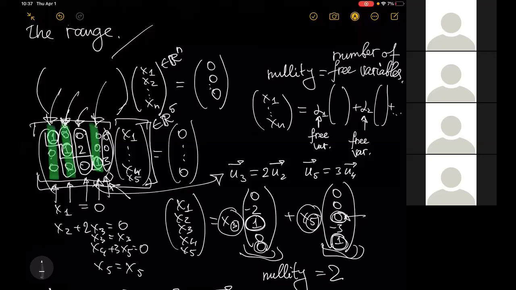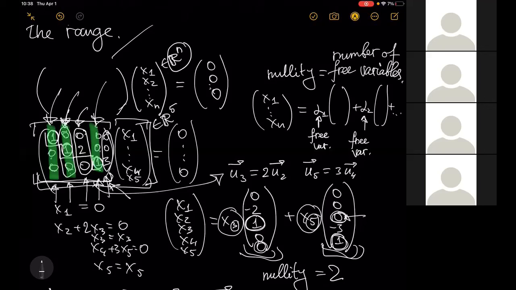Because inevitably for a system of linear equations, the number of leading ones plus the number of free variables gives you exactly the number of unknowns. And the number of unknowns is nothing else but the dimension of the domain, or the original vector space, which is Rn.